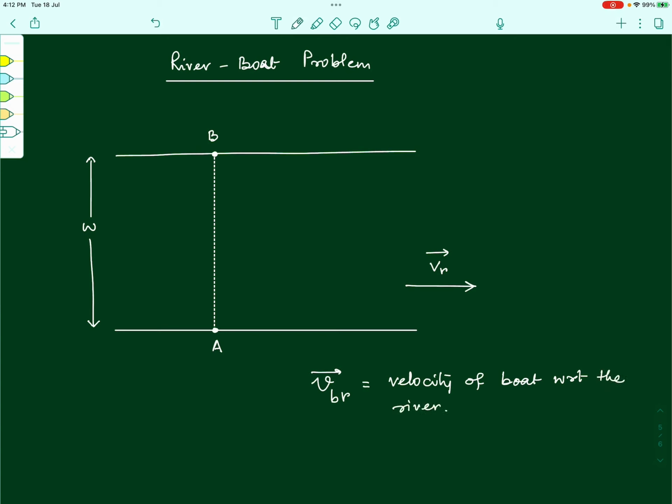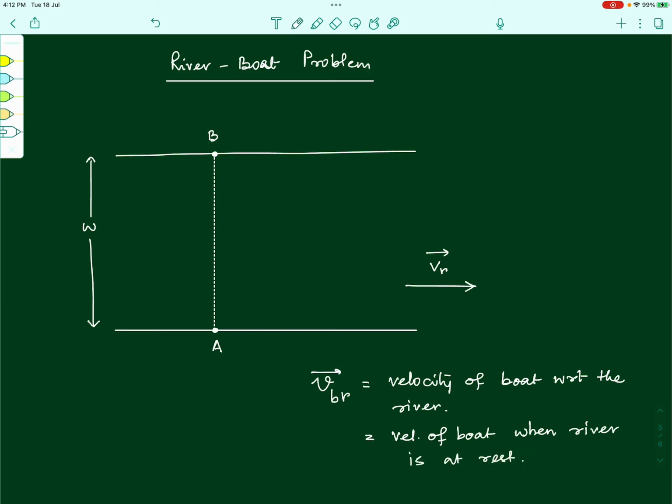As soon as we say with respect to the river, what do we understand from here? With respect to the river means relative to the river. That means the velocity of the boat when the river is considered at rest.